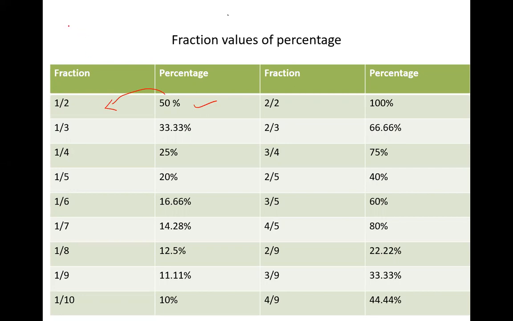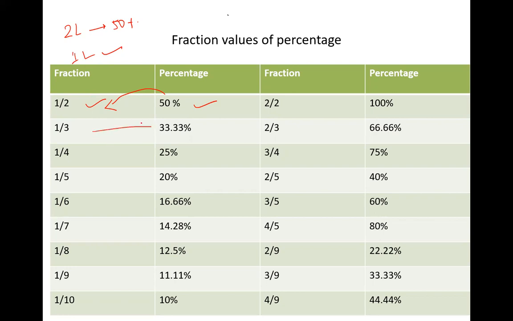Okay, 2 lakh. And 50% are educated. Then how many are uneducated? 50% means what? Half. Half are educated means half are uneducated, means 1 lakh are uneducated. Right?